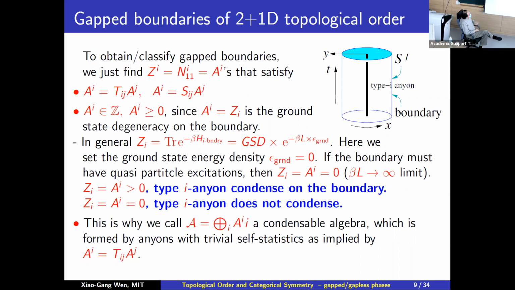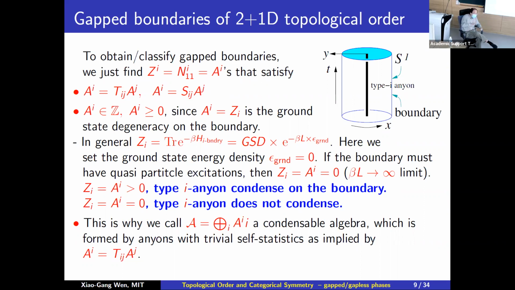In general, why do you say this partition function is a ground state degeneracy? Usually the partition function is a trace of a Hamiltonian. It's equal to the energy density times the space-time volume. That is what the partition function should be. However, in conformal field theory, we tune the energy density to 0.